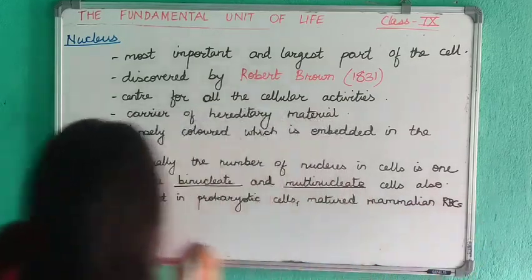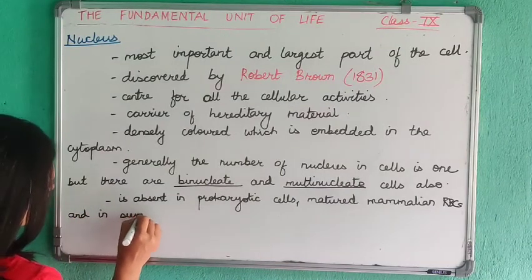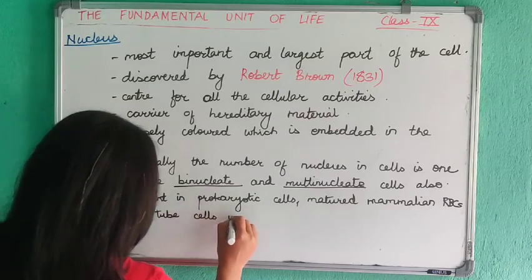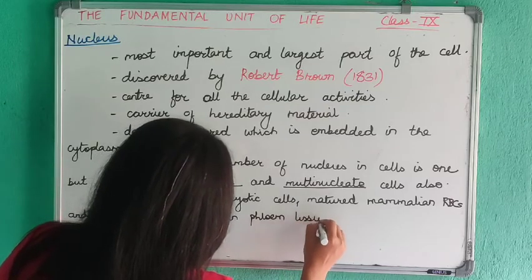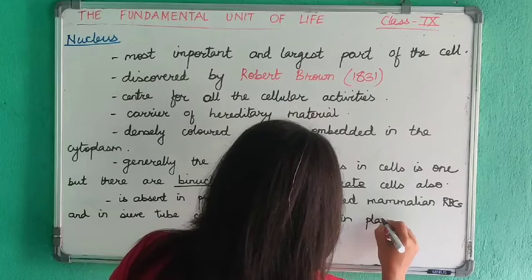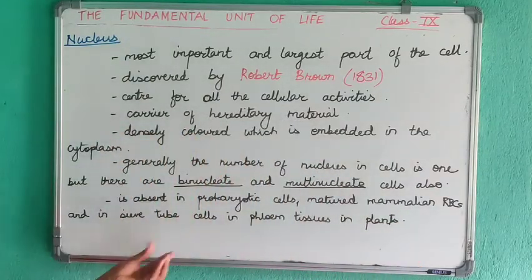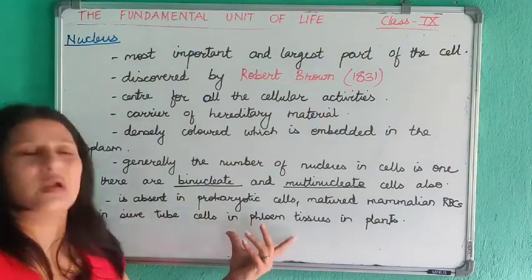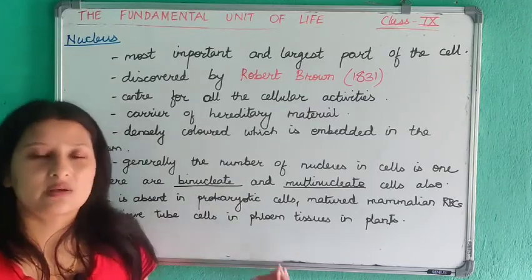And it is also absent in sieve tube cells in phloem tissues of plants. Plants मा पनि एक ठाउँ चाहिँ absent हुन्छ. कहाँनिर भन्दा phloem tissue भित्र चाहिँ sieve tubes भन्ने एउटा component हुन्छ, त्यो भित्र चाहिँ त्यो nucleus हुँदैन. We'll study more about phloem tissues and sieve tubes in the next chapter.